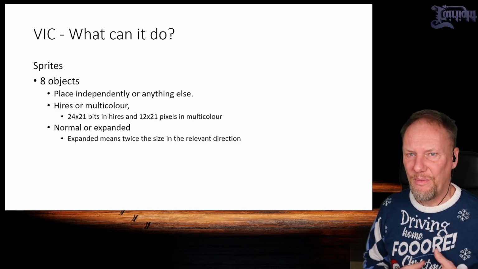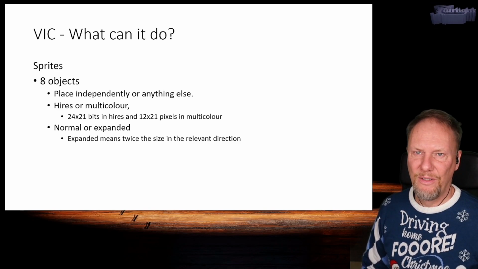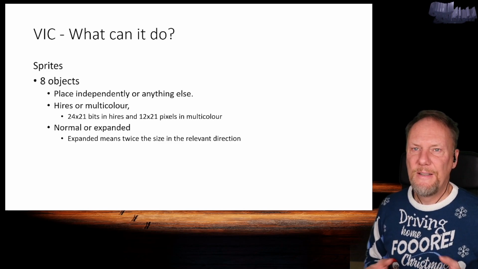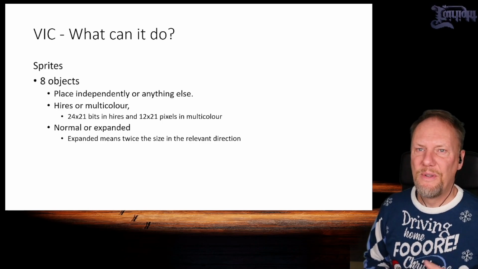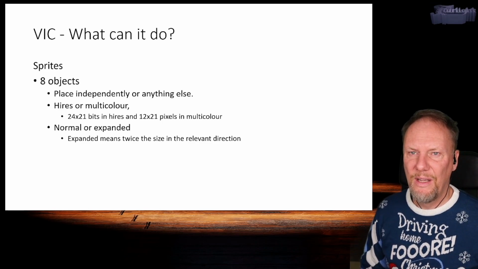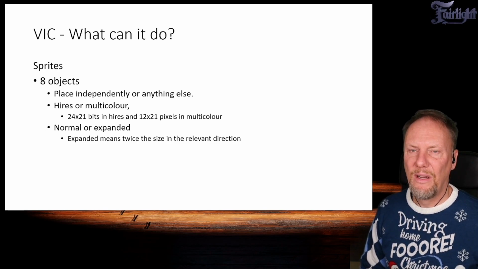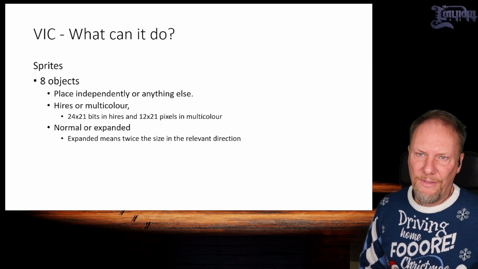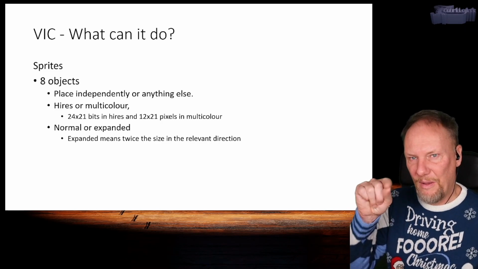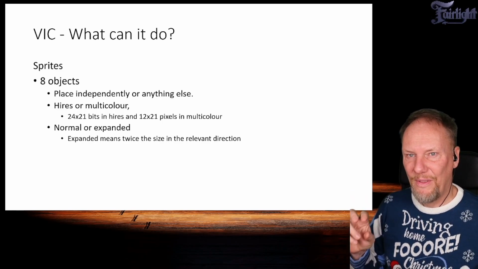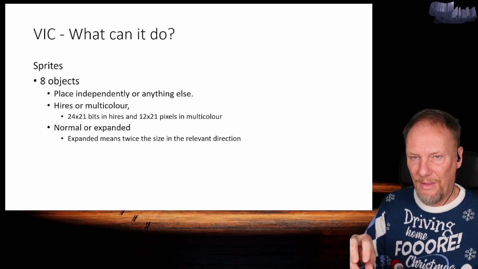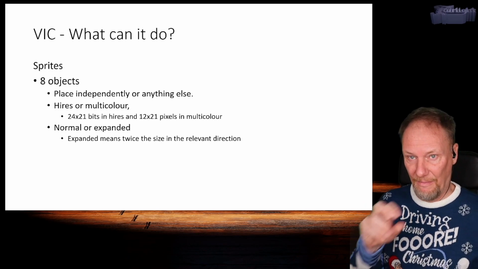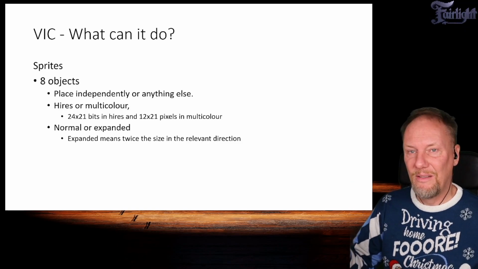The additional thing which makes VIC really, really cool is the function of sprites. These are independently addressable graphical objects that you can move around totally freely. There are 8 of them. If you have software sprites, you need to place the content of that object into the bitmap, and then when you move it, you need to restore the original, what's supposed to be underneath, and then move the sprite and place it somewhere else.